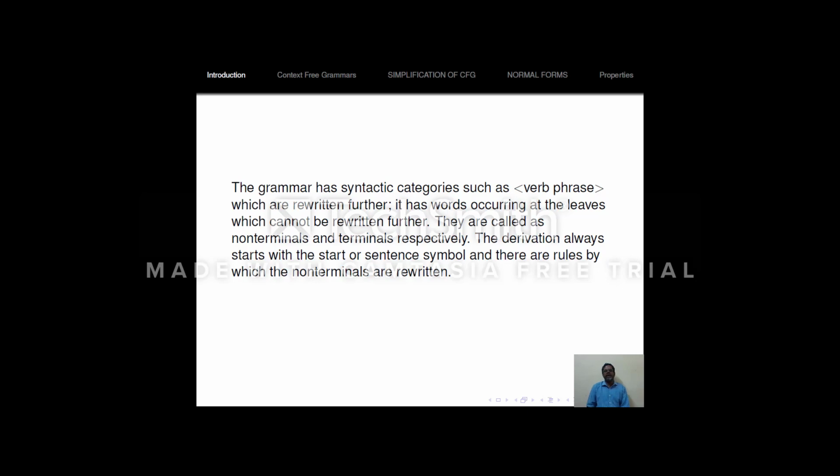And it has words occurring at the leaves, the last stage where it won't be replaced further. So they are called terminals. And the variables like verb phrase are called non-terminals. And usually the derivation always starts with the start symbol denoted by the letter S.